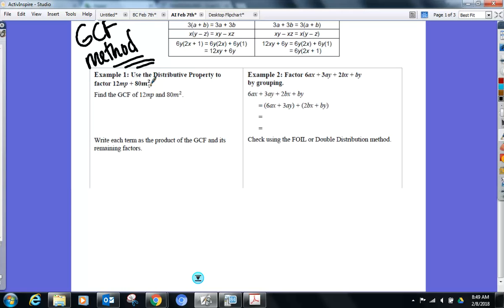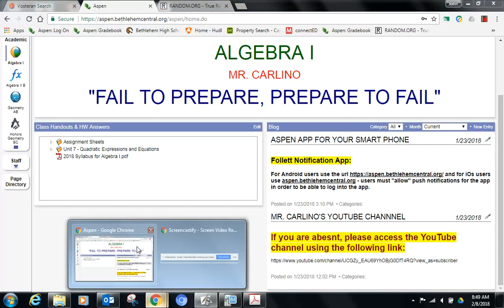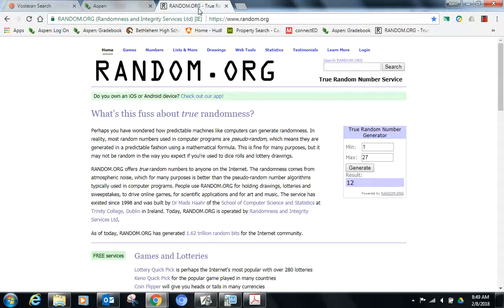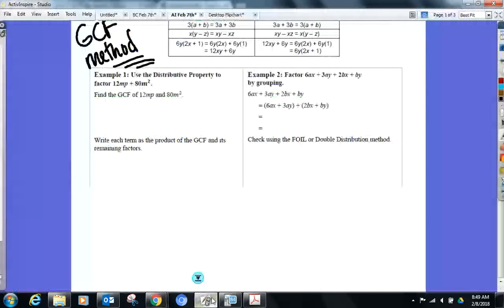It's got to go into both. That's your first job. Did we find it? 4, all right? So all it's asking me here is to find the GCF. 4.